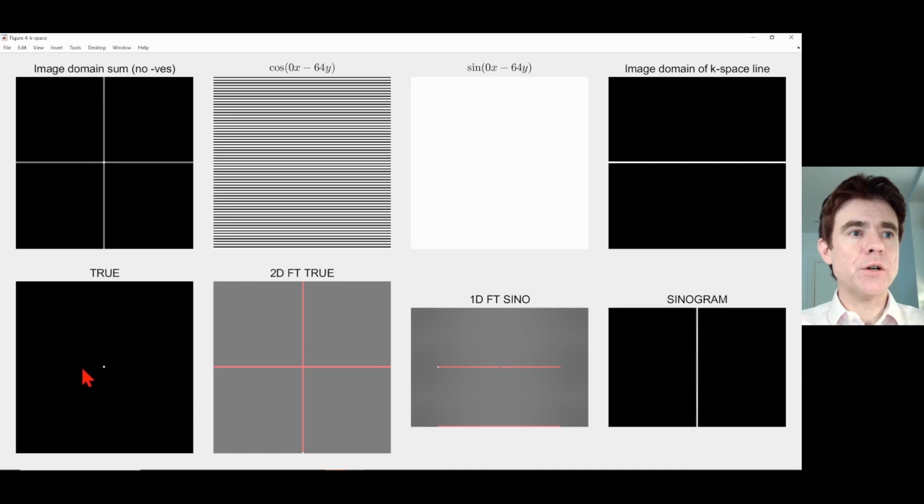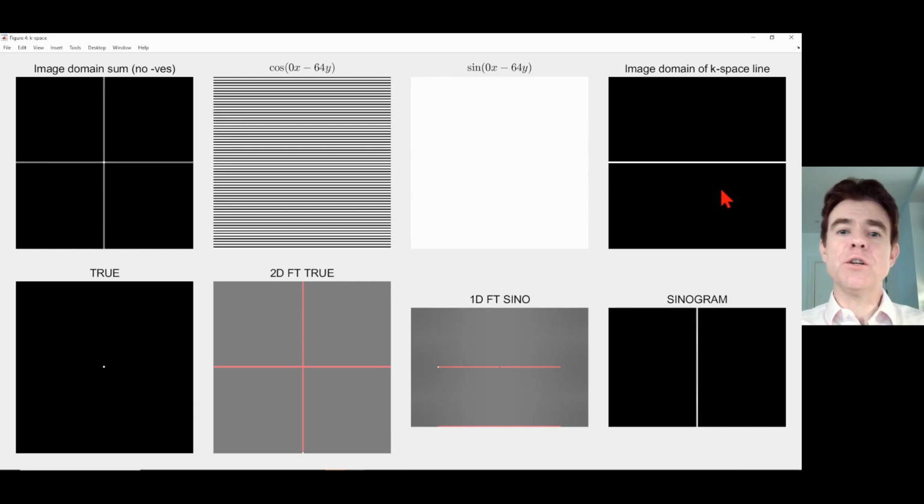So imagine the XY coordinate system here rotated now to 90 degrees. It means I'm correspondingly taking projections of this point source in the horizontal direction. If I project that in the horizontal direction, this is what I'd get. So it's that center row of the sinogram. If I were to back project that, I get this line here.